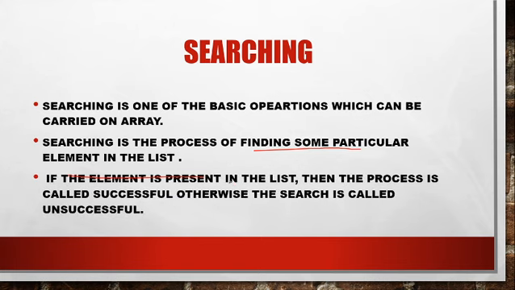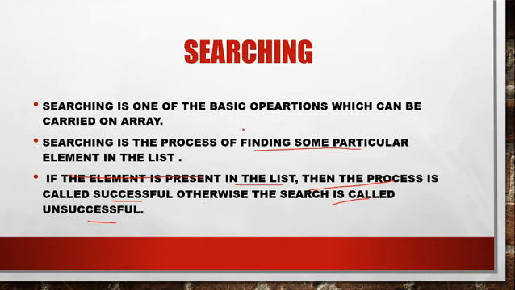If the element is present in the list, then the process is called successful. Otherwise, the search is called unsuccessful. It means a list of 10 numbers is there in an array, and among those 10 numbers, suppose you have to search one particular number, and if that number is in the list, then the process is called successful. Otherwise, if that number is not present, then it is called unsuccessful.